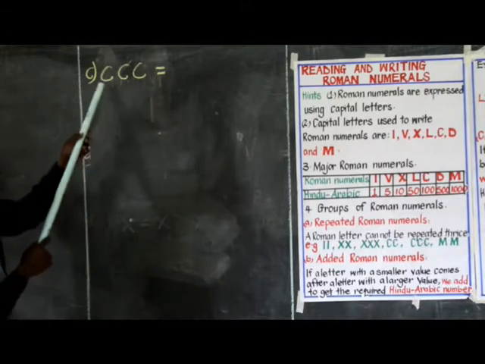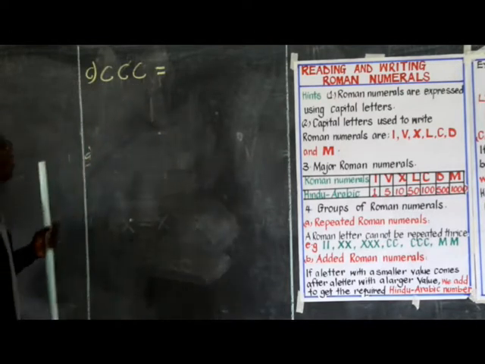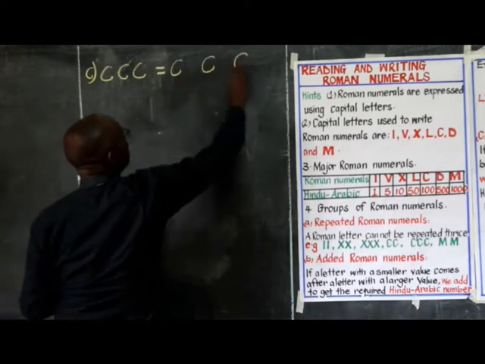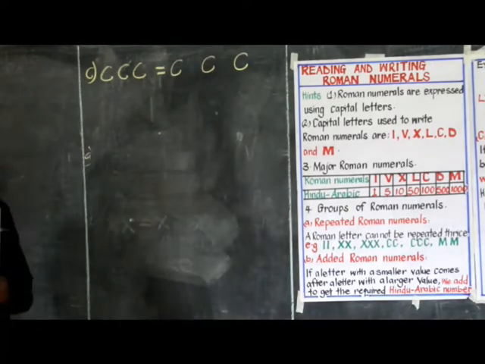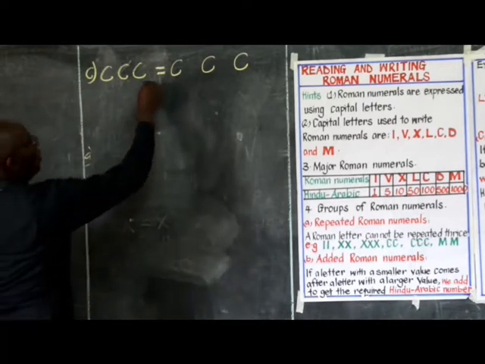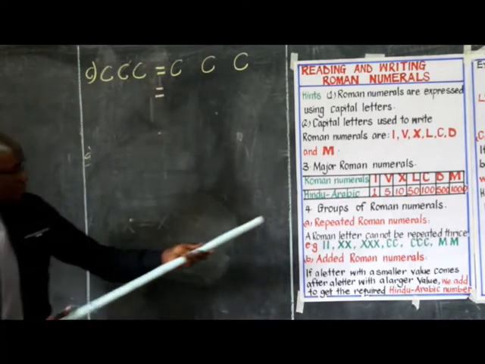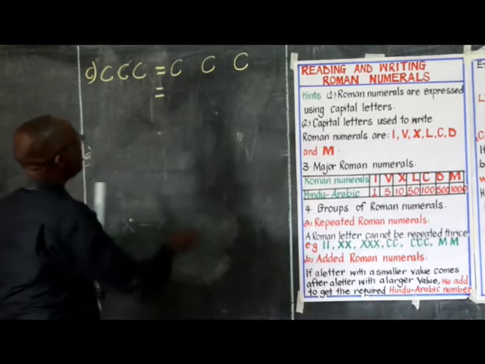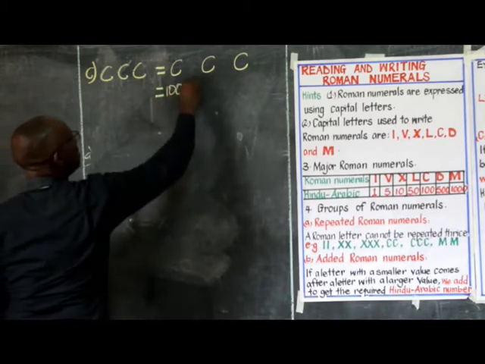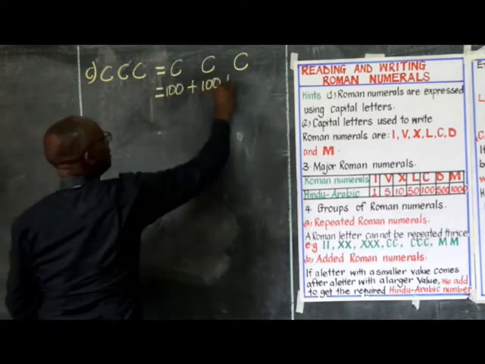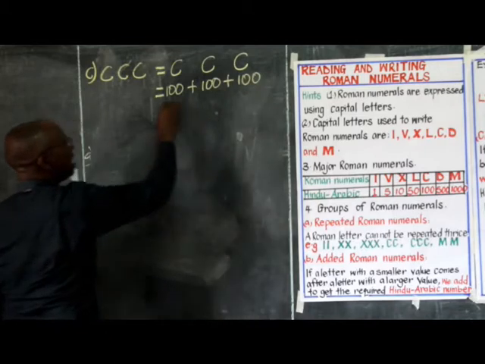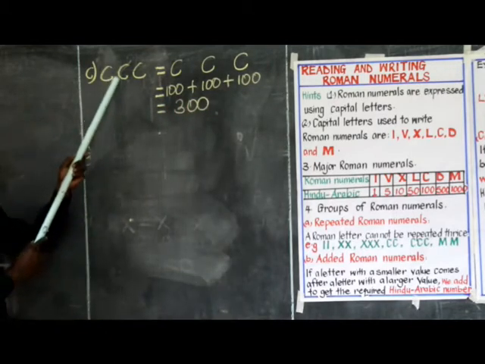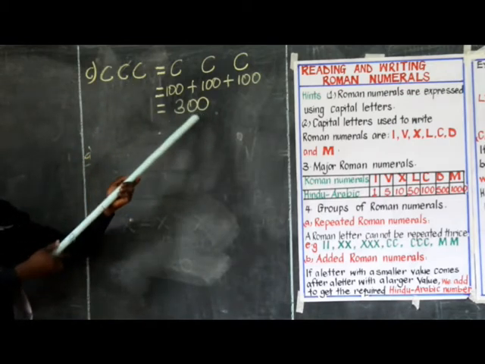You have seen C is repeated thrice. C is 100, a major Roman numeral. So this is 100 plus 100 plus 100. When you add them together, you get 300, meaning that CCC is 300.